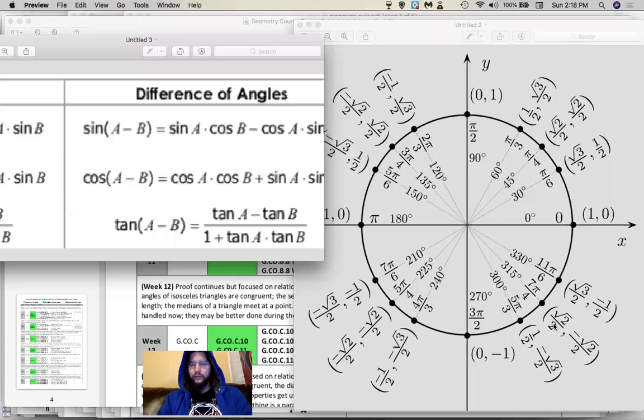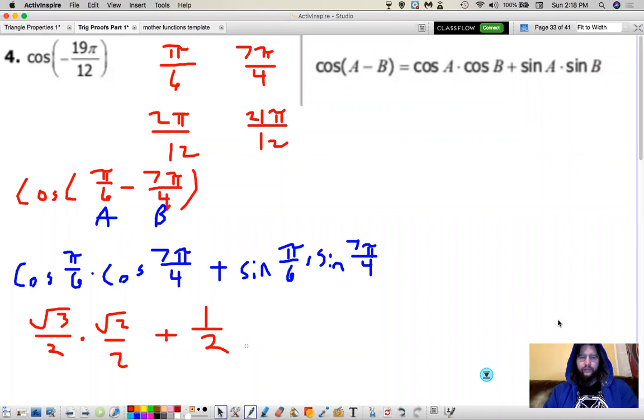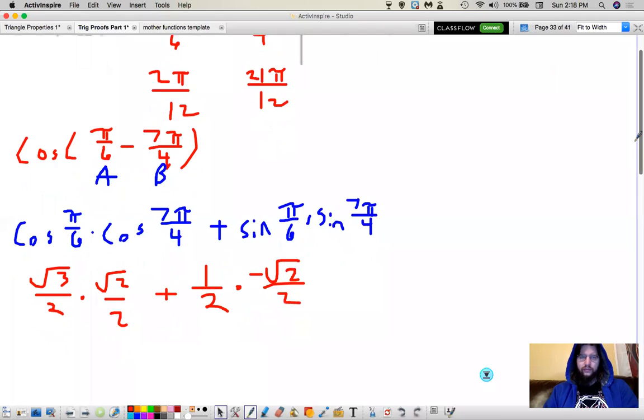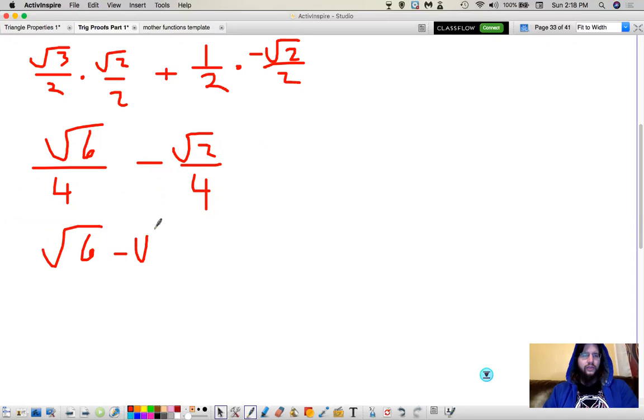Sine of 7 pi over 4 is negative square root of 2 over 2. Multiply: square root of 6 over 4, negative square root of 2 over 4. That's square root of 6 minus square root of 2 over 4. That's it.